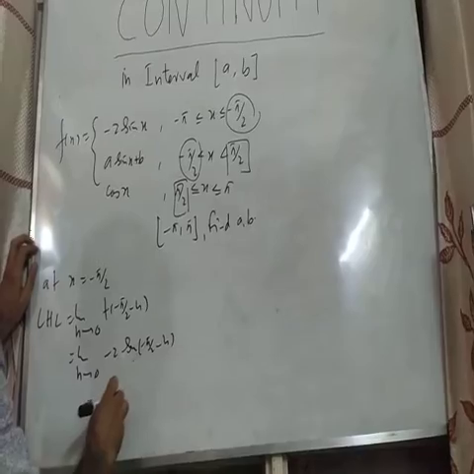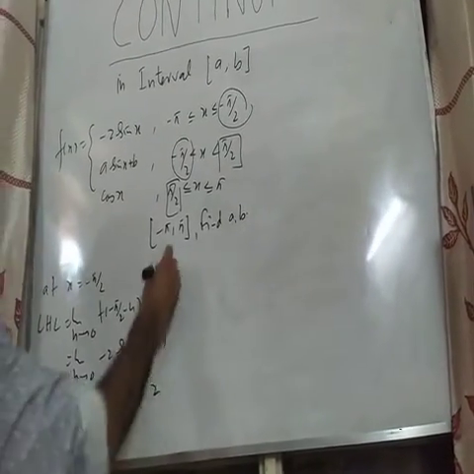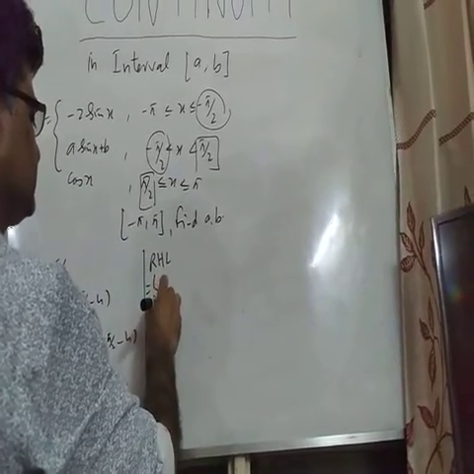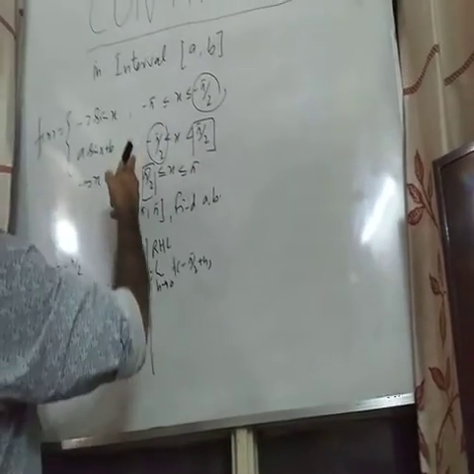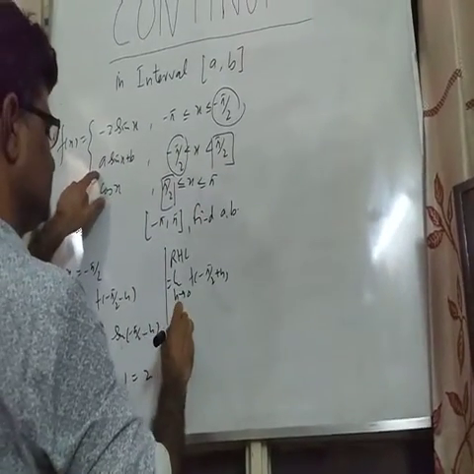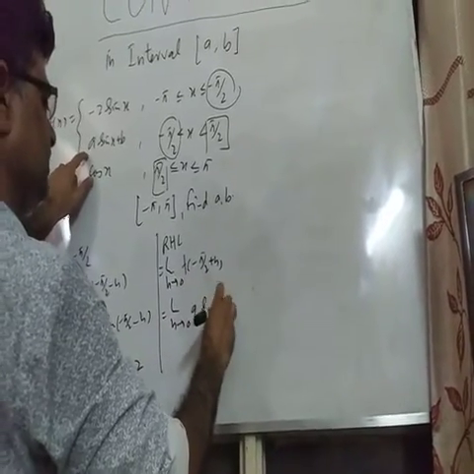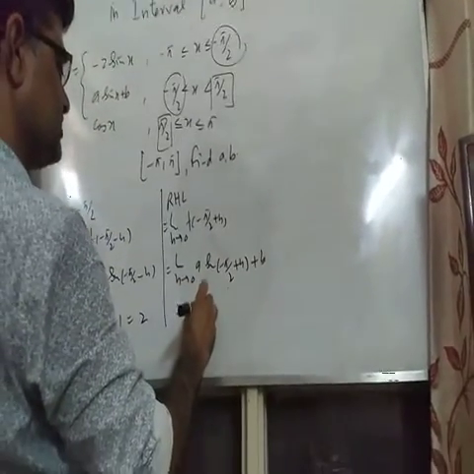If we put it in, sine of minus pi by 2 is minus 1, so this is equal to 2. So the left hand limit is 2. Similarly, the right hand limit: the limit as h tends to 0 of f of minus pi by 2 plus h. This value we will put here: the limit as h tends to 0 of a sine of minus pi by 2 plus h, plus b. You put h equal to 0, so minus a plus b.